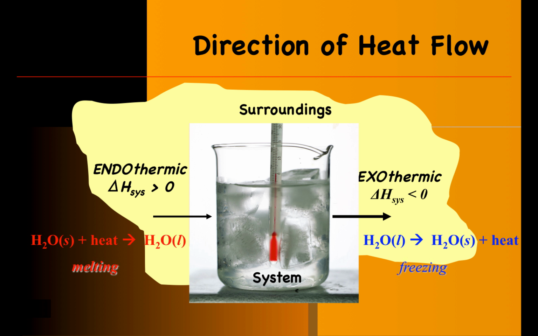On the other hand, if you have the exothermic reaction, in other words, the system is losing energy, that means that delta H is less than 0, delta H is negative. It's losing energy to the environment. This is what freezing is. So if the system is absorbing energy, the ice is melting. If the system is losing energy, the system is freezing.